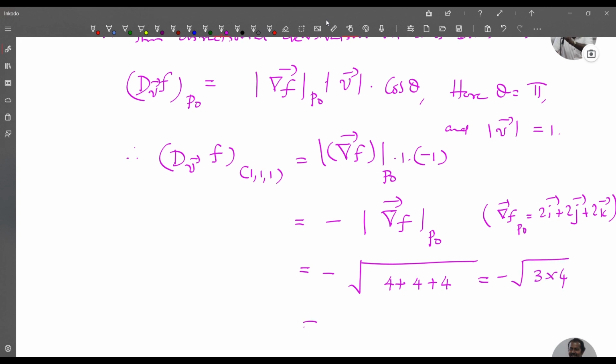So this is minus 2 into square root of 3. So this is minus 2 root 3. So this is the directional derivative of f in the direction of most rapid decrease.